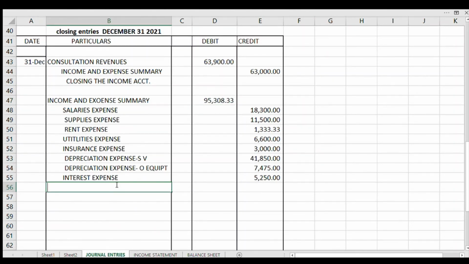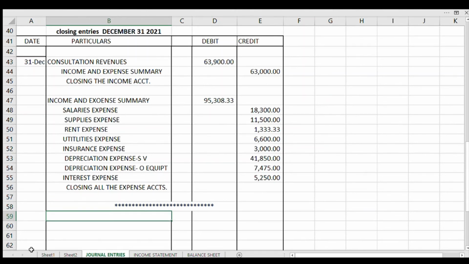We can now label it closing all the expense accounts, just to have the explanation. So that is our closing entries.